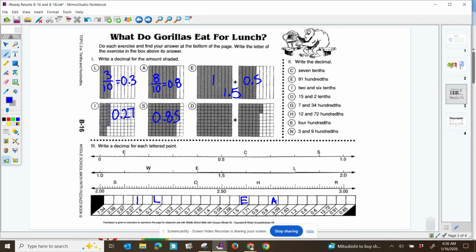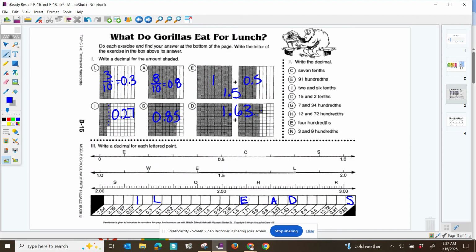Way over here is S. This is 1 and 1, 2, 3, 4, 5, 63. So 1.63 is D.